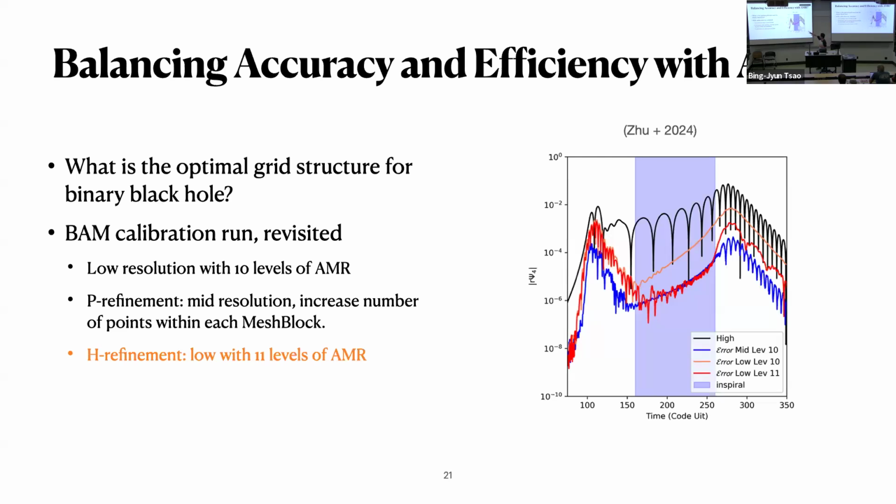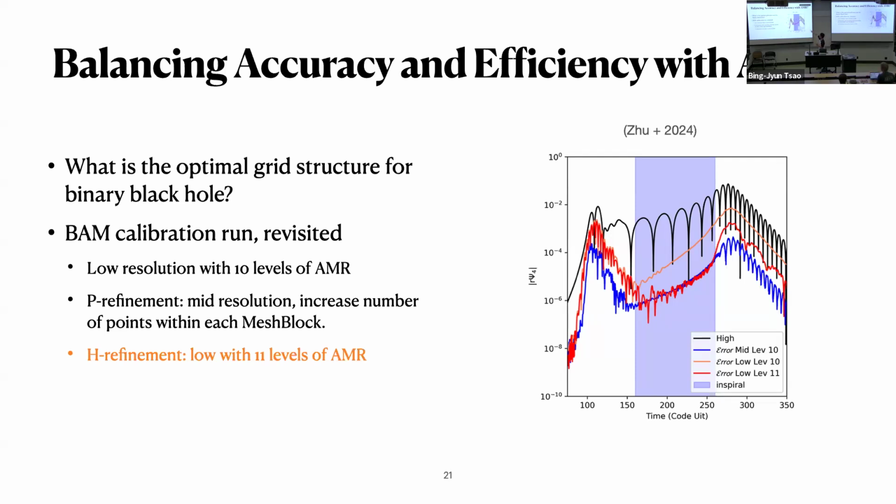We find that in this highlighted blue region, which is the inspiral region, the error from increasing the level of refinement at the puncture is more or less consistent with a global increase in the resolution, meaning that in this phase the error is dominated by the resolution at the puncture.